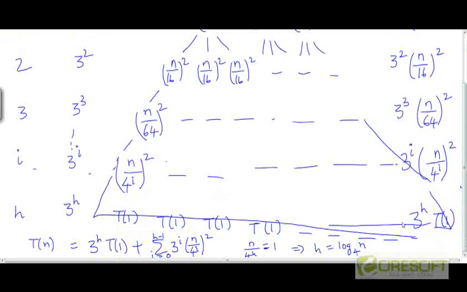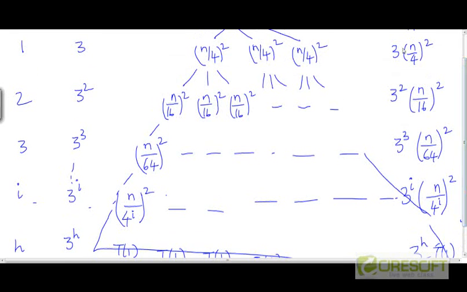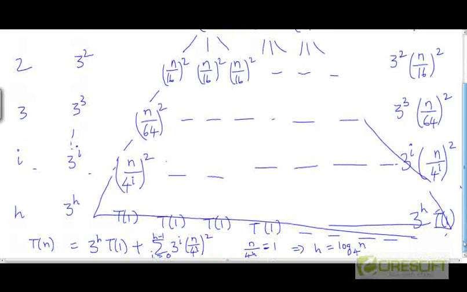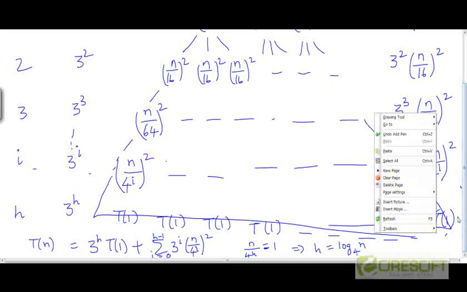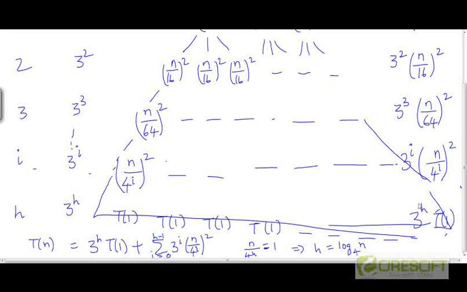And this very last term, 3 to the power h times t of 1, can be approximately fitted into this series with just a variation of a constant factor, because the number of terms, this first part of the term is uniformly increasing throughout, and it's going to be 3 to the power h here, which is n to the power log of 4 base 3 as we've seen, and this t of 1 is going to be some constant. At the penultimate level, we're going to have n by 4 to the power h minus 1.